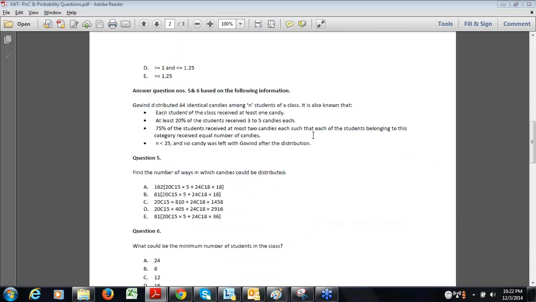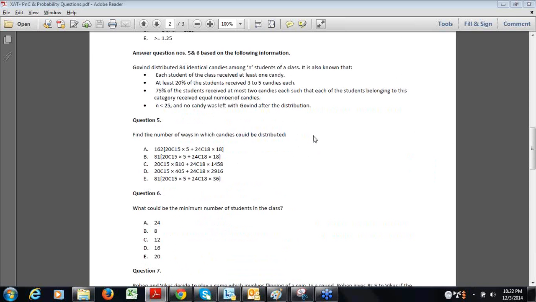So let me move to question number 5 and 6. I'll give you say 8 minutes to solve this question. It's a little tricky question. Let's review at 10:30. Meanwhile, if you have any problem in the questions that has been explained till now or any problem in general about that, you can ask.